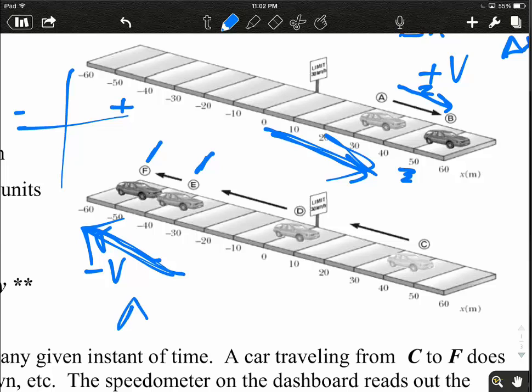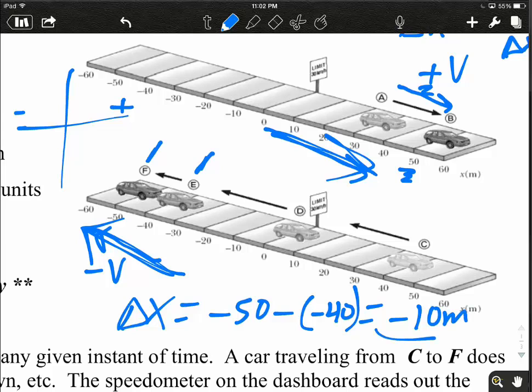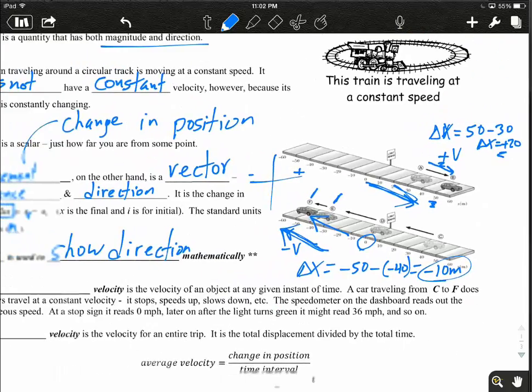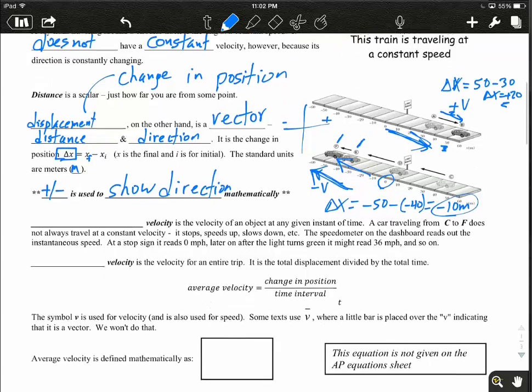So for the change in position for that car, it ends at negative 50, it started at negative 40, so final minus initial gives us a change of negative 10 meters, meaning because it's negative, we know it moved further to the left when compared to the origin instead of to the right. So that's where those negatives and positives come into play.